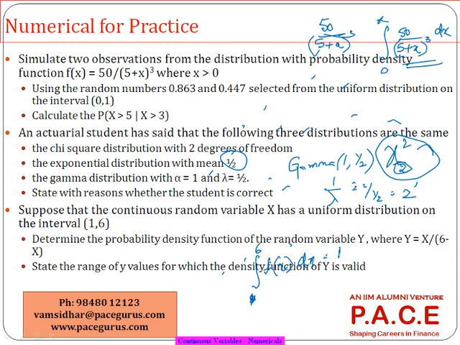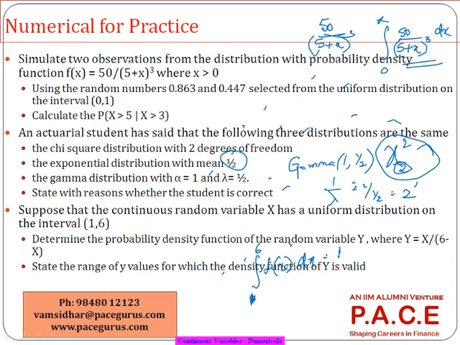The total area between 1 and 6 is equal to 1, because it does not take any value beyond 7, 8, nothing. The whole thing is lying in 1 to 6.